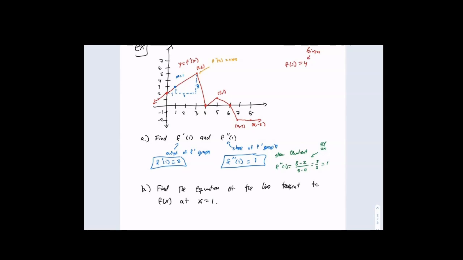y minus y1. f of 1, I'll go f. So is the other one f? Oh, you're missing something. Equals f prime of 1, multiplied by x minus 1. Very good.